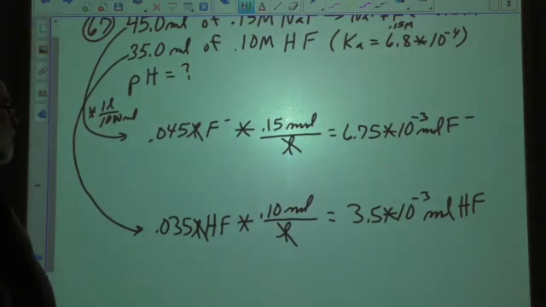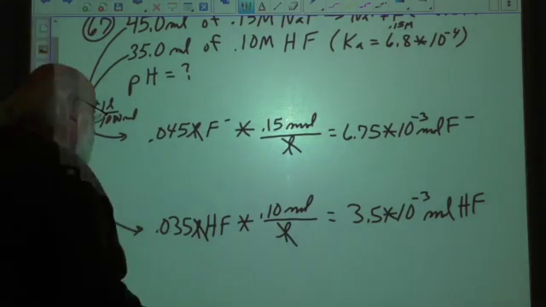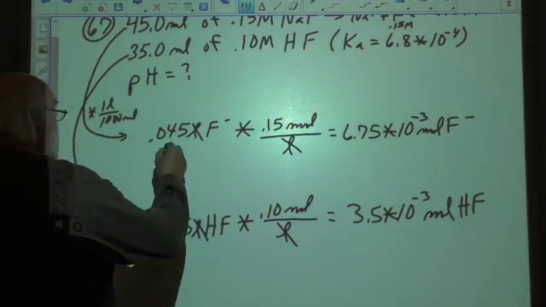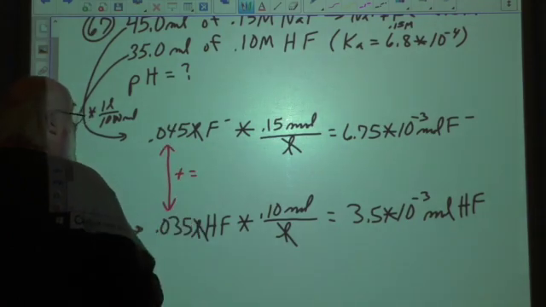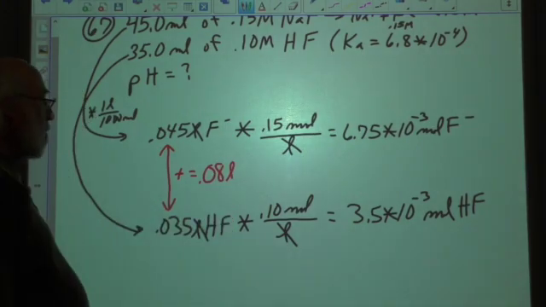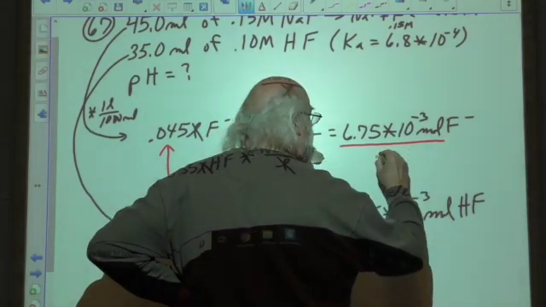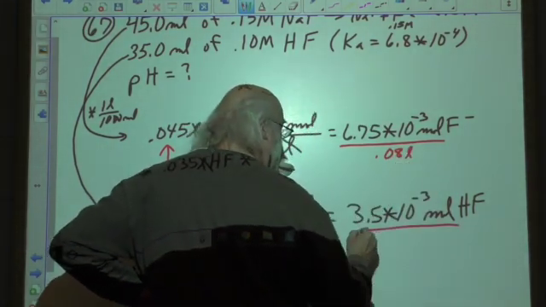Okay, now, since I'm looking for concentration, I have to divide these by the total volume. Well, the total volume is the sum of these two together, which is 0.08 liters. So I'm going to divide by 0.08 liters here and divide by 0.08 liters here.